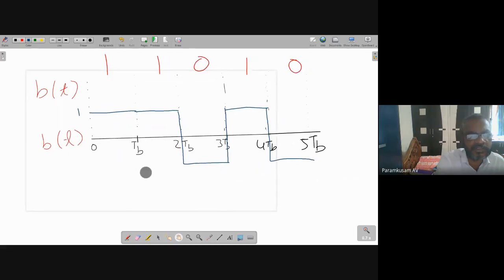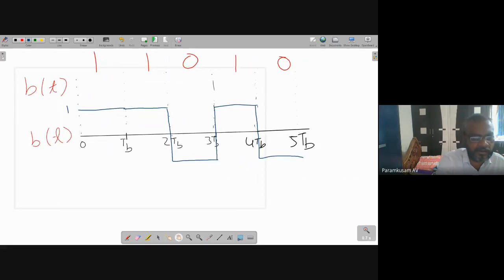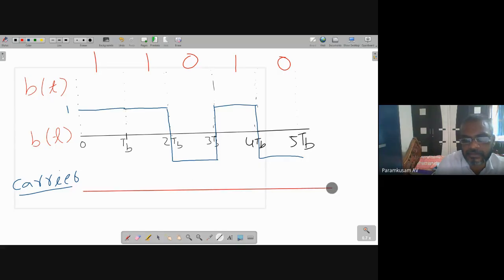Now we see binary phase shifting signal V of t. So first we draw the carrier signal. This is the time axis.